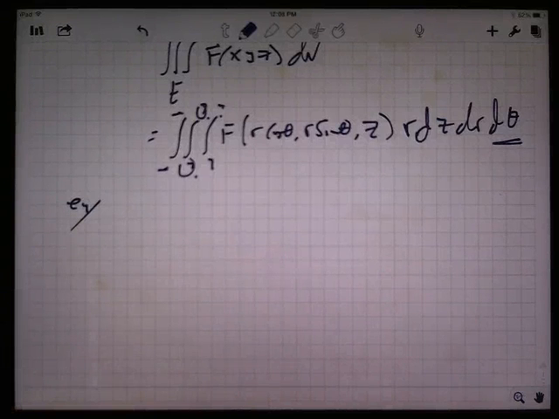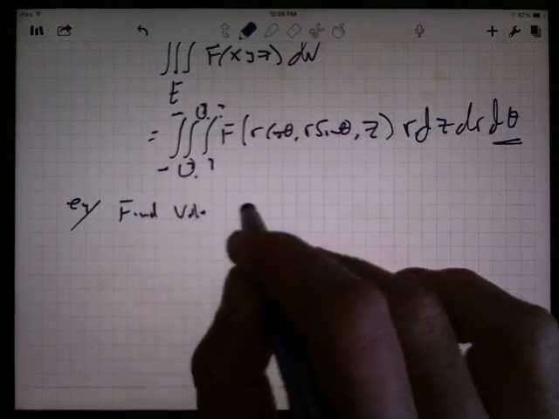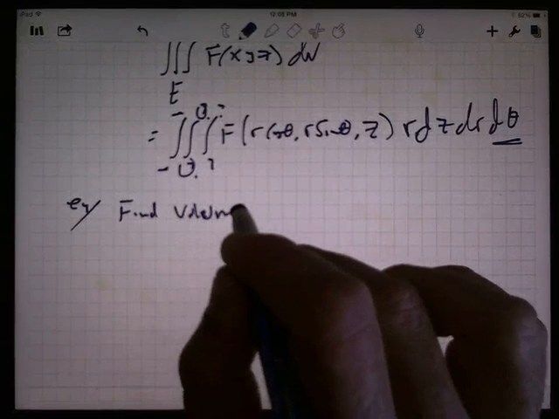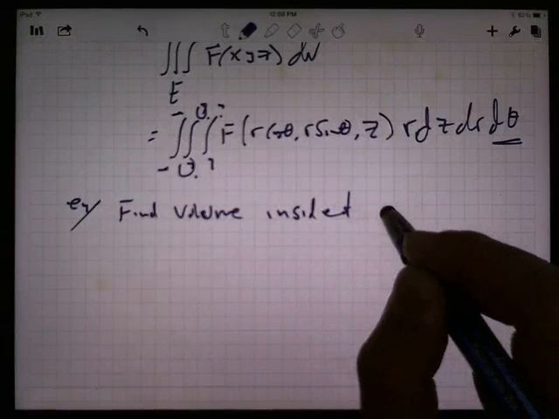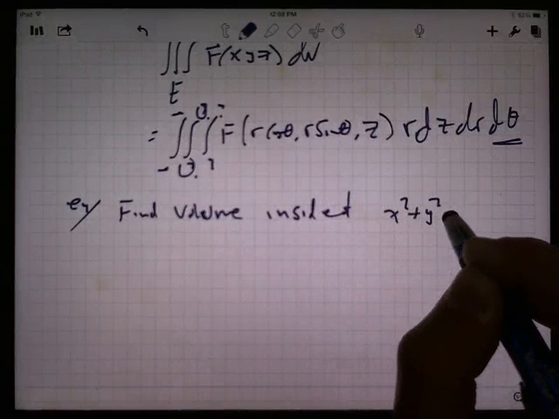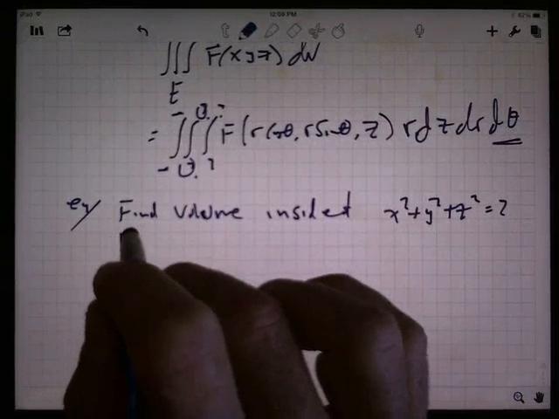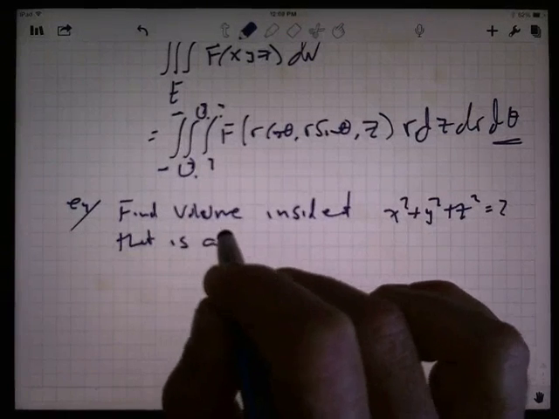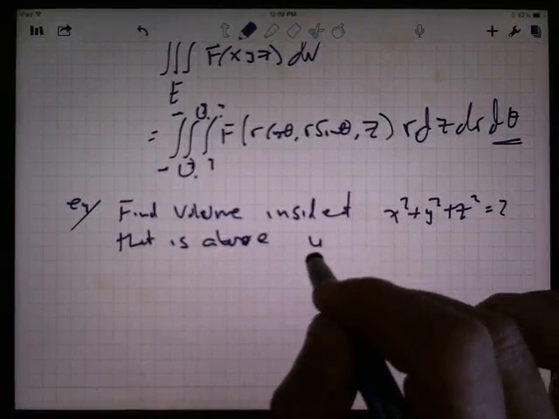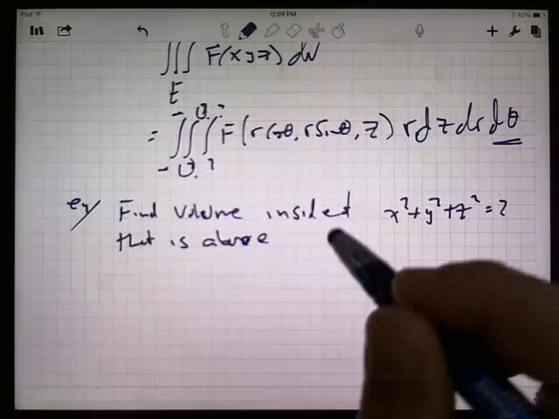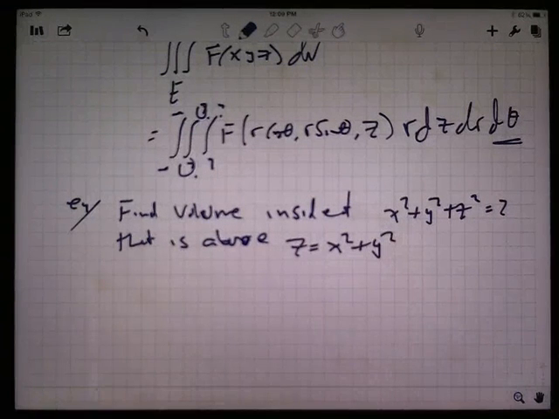The example I want to do is I want to find the volume inside of the sphere x squared plus y squared plus z squared equals 2, that is above this paraboloid, z equals x squared plus y squared.